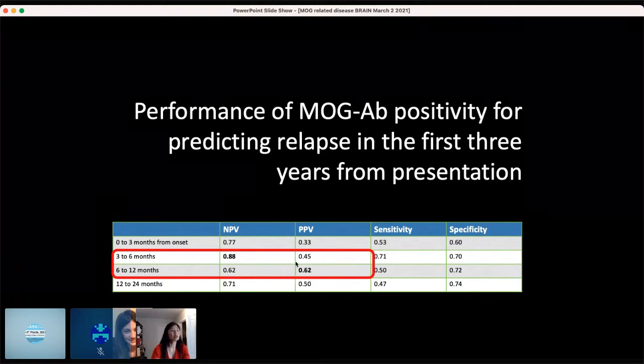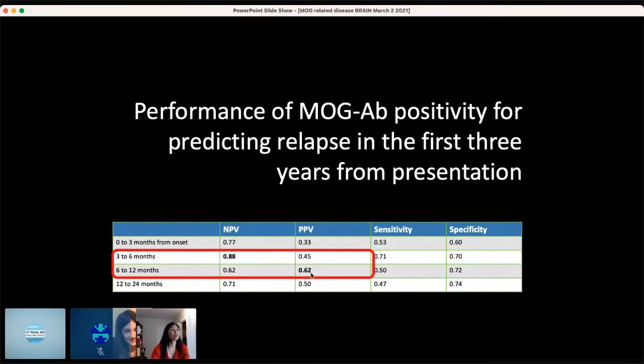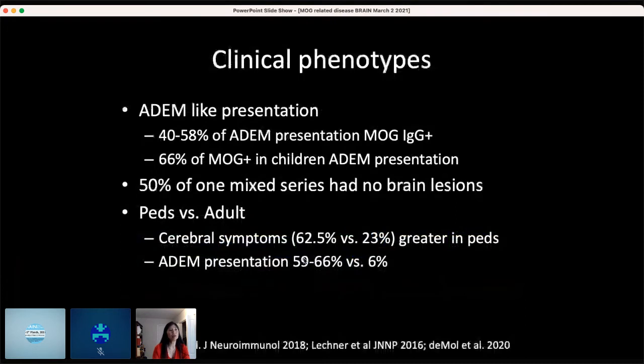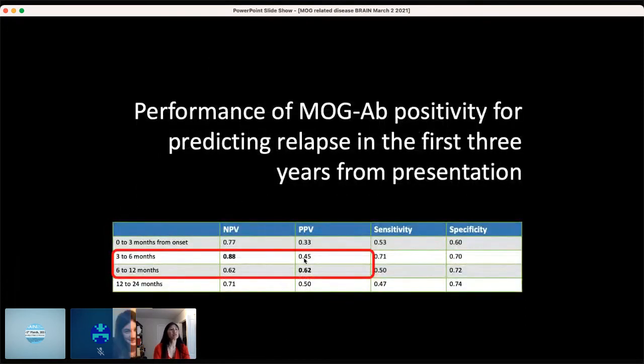That's the sweet spot for predicting whether or not you're going to have relapses. So the bottom line there is even if you get a positive right at onset, it is important to consider doing a repeat MOG antibody test, probably at 6 or 12 months, to see if it remains positive.